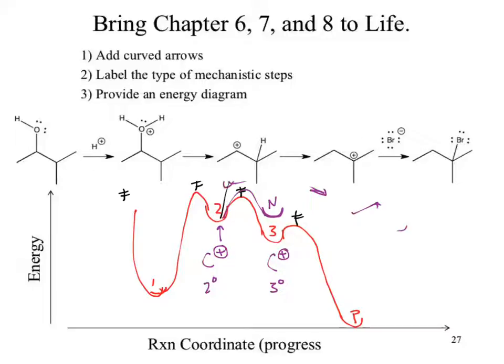I'm not comparing the product energy to everything. I'm comparing the product energy to one thing. Okay, previous step. Should the product be higher or lower in energy than 3? Lower in energy because it's not charged. It's not charged and it's satisfied octets. So the product should be lower in energy than 3, which by definition means it's lower in energy than 2.